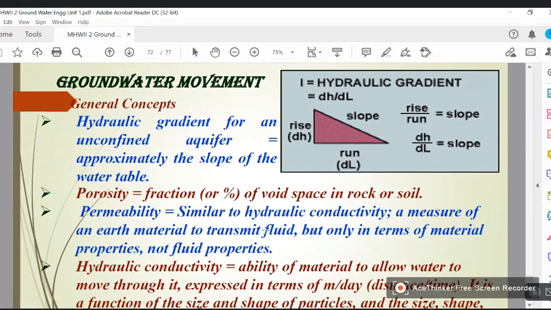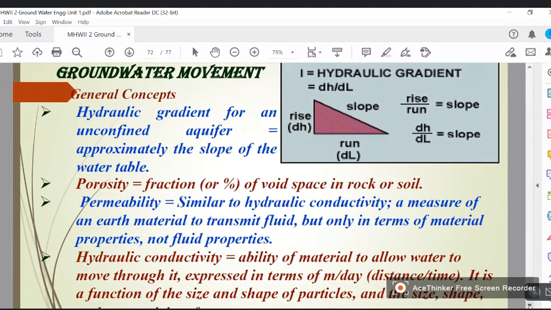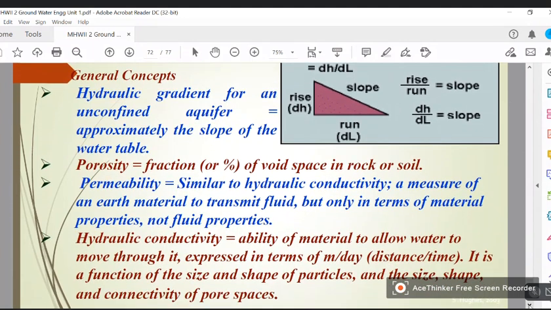Here we consider hydraulic conductivity. The definition of hydraulic conductivity we will just once again remember. It is the ability of a material to allow water to move through it, expressed in terms of distance by time, that is meters per day or centimeters per second.